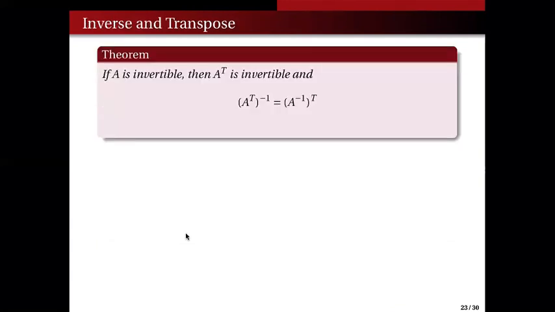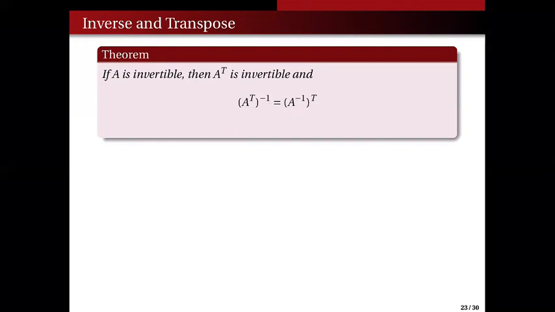Now, if we combine inverse and transpose, suppose A is invertible, then A transpose will also be invertible. Furthermore, the inverse of A transpose is equal to the transpose of A inverse. So you can interchange these two operators.